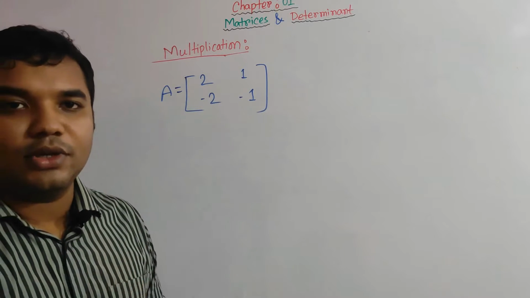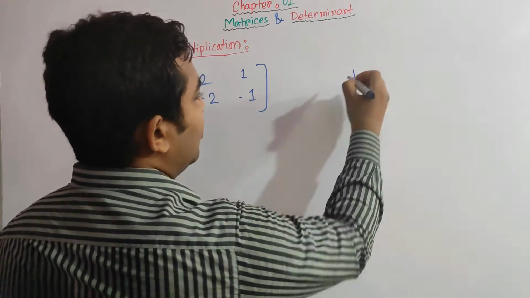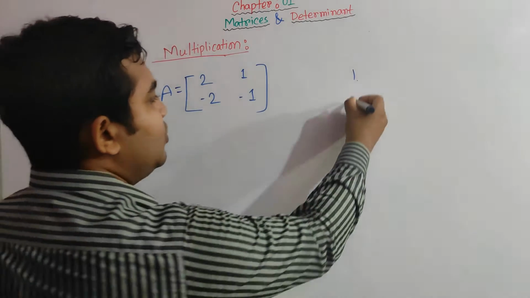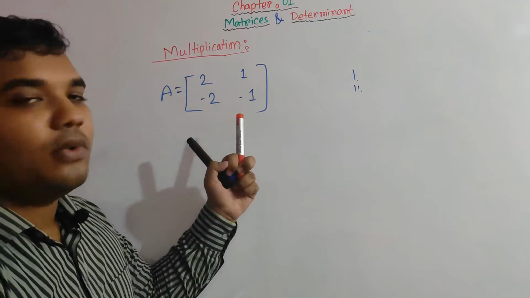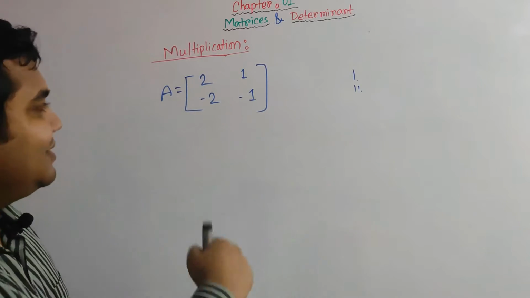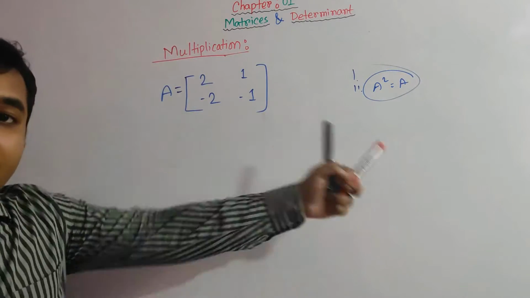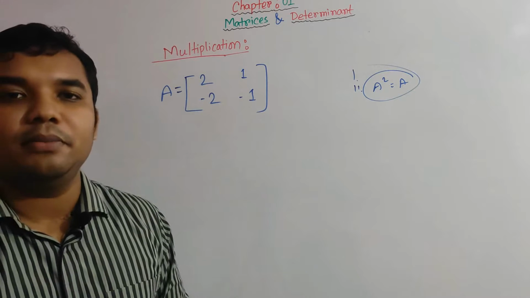Now we are actually doing two things at a time. One thing, we are trying to show how the multiplication works. That is number one. Number two, we will go for the proof of the idempotent matrix. That's why we are going for a square equals a. If a square equals a is found, then we can say this is an idempotent matrix.